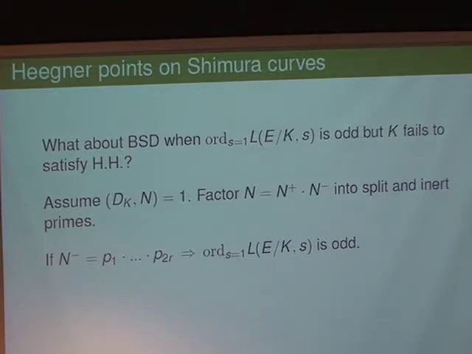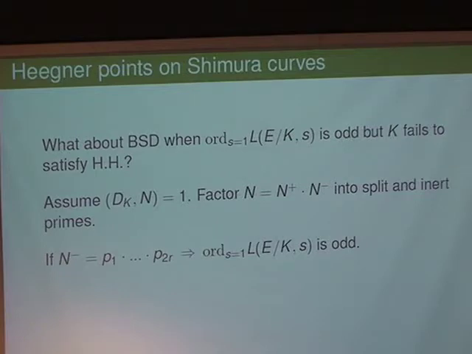If N^- is square-free, so if you want, assume from scratch that your elliptic curve has square-free conductor, and there is an even number of primes in N^-, then the order of vanishing is odd, because in these square-free situations the sign of the functional equation is determined by the number of primes which are inert in K. If there is an even number of them, the sign is -1. So here the Heegner hypothesis is not satisfied as soon as N^- is not 1, since there are primes which are inert in K.